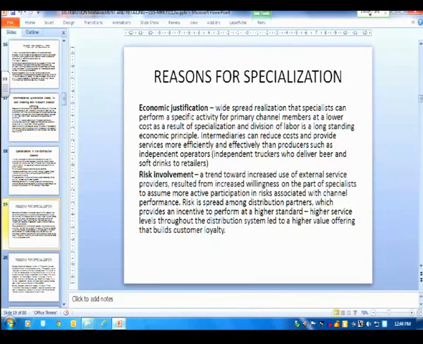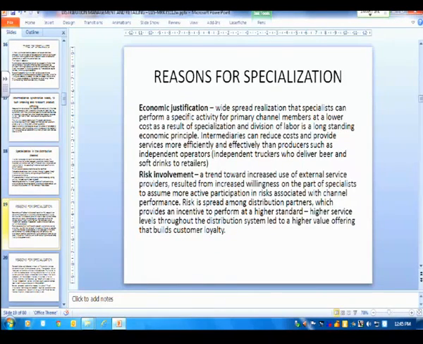Secondly, it is about risk involvement. A trend toward increased use of external service providers results from increased willingness on the part of the specialists to assume more active participation in risks associated with channel performance.